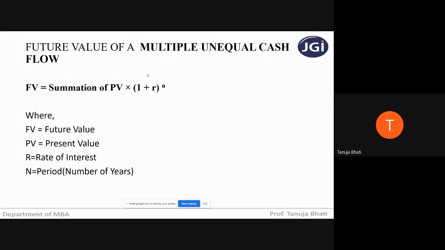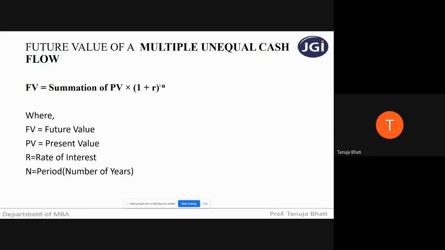Once again, the formula is that you add up all the individual unequal cash flows. When you add up, you get the future value, which is the sum of PV (1 + r)^n.